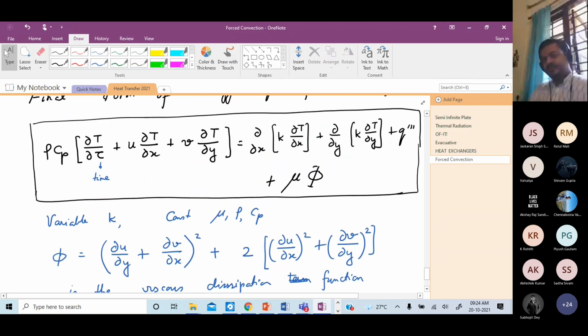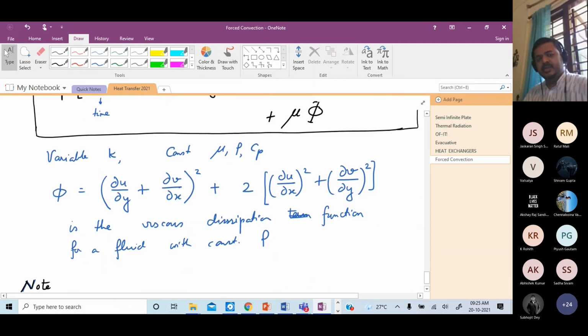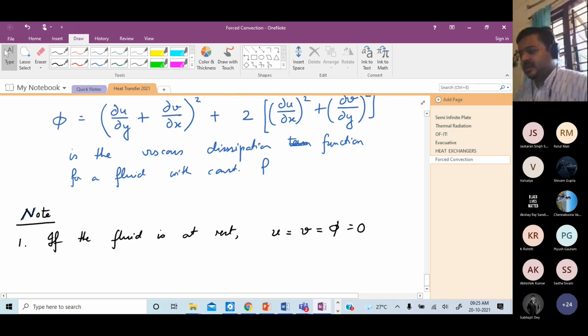Does it look familiar? What is it? Heat diffusion equation. Exactly, the heat diffusion equation, right?